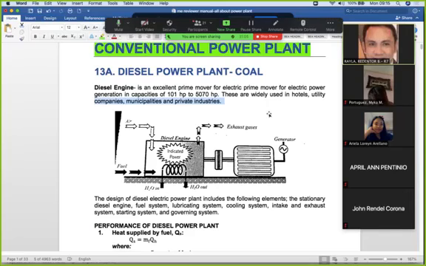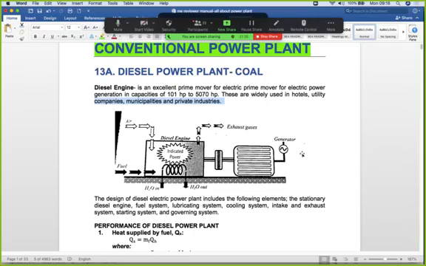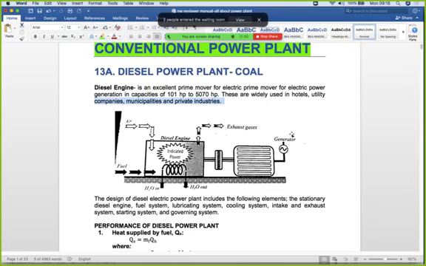So what is a diesel engine? A diesel engine is a prime mover for electric power generation.